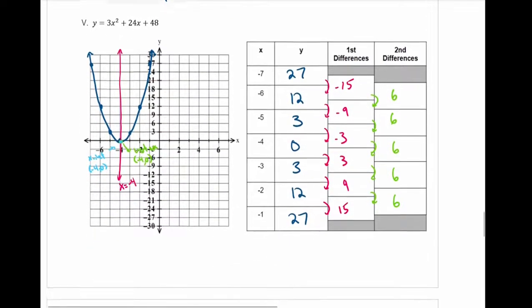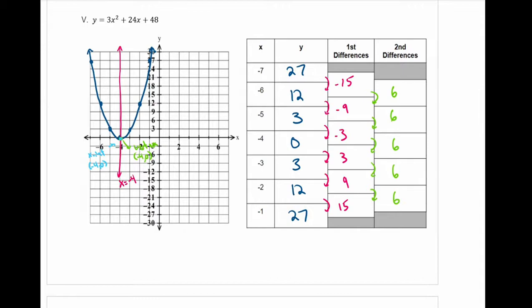And finally, the fifth equation, again, same idea, plugging the values into the equation to solve for y. This one may be a little bit trickier because we're dealing with some larger numbers, but as long as you're using a calculator, the steps are still going to be the same. First differences and second differences are the same regardless of the numbers. Again, we see that even though we have bigger numbers, our second differences are still the same.